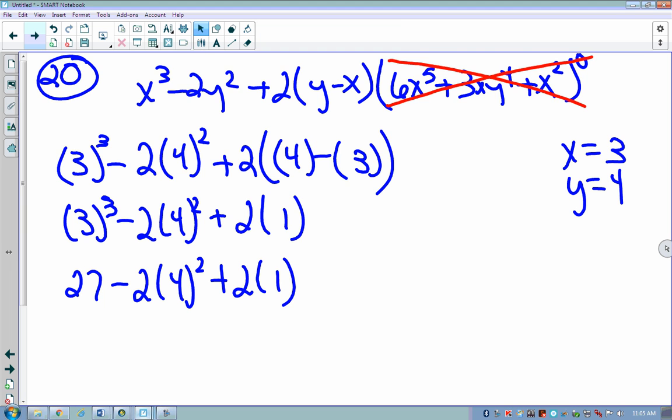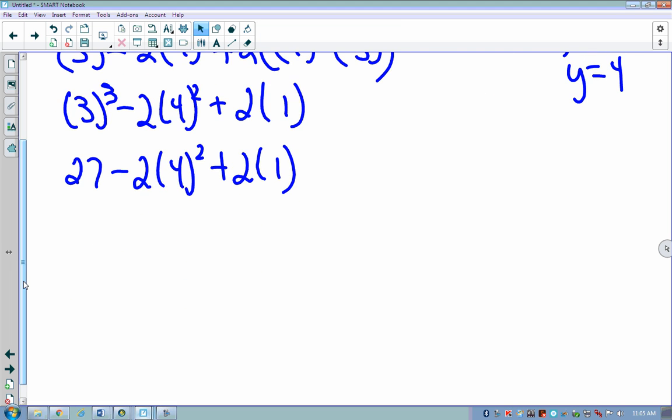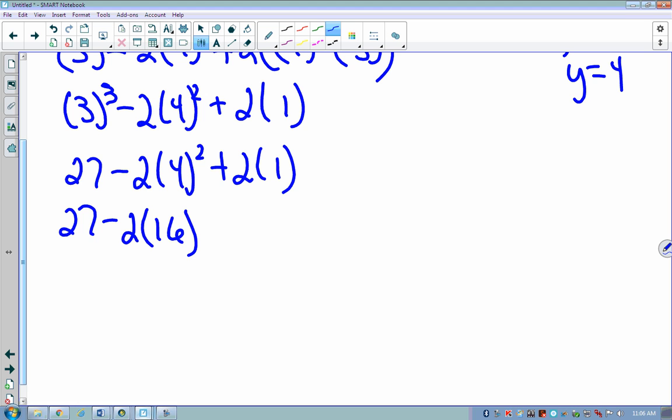You don't necessarily have to split it into as many small steps as I'm splitting it into, but I'm trying to make sure that you can follow along, so we don't get lost somewhere. 27 minus 2 times what? 16. Notice I didn't do 2 times 4 and then square it later. The 4 is being squared. At some point, you could have dropped off the 1 and just put a 2.